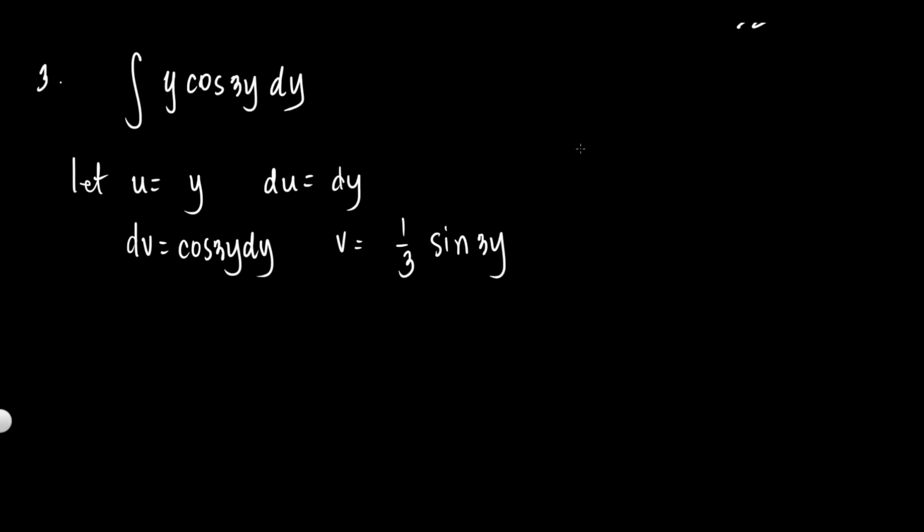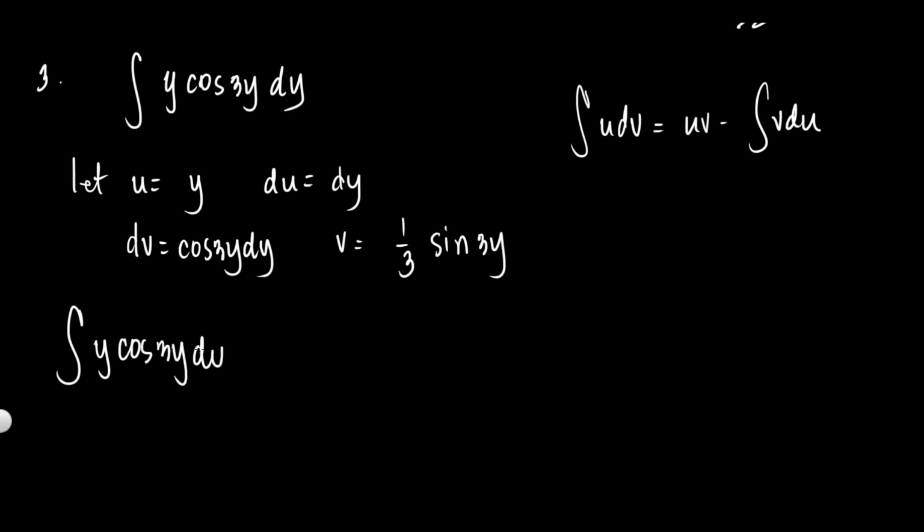Okay, so again, our form is the integral of u dv equals uv minus the integral of v du. So just copy, just follow the pattern of the formula. So the integral of u dv, y cosine 3y dy equals u is y, v is 1/3 sine 3y minus the integral of v du.